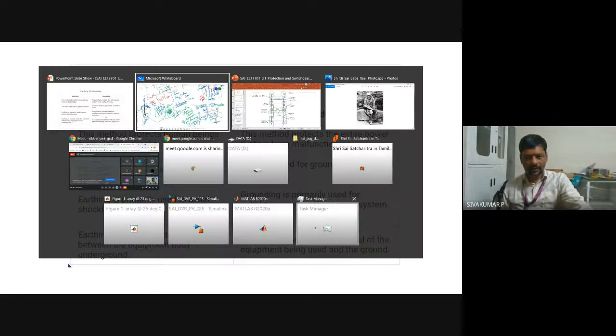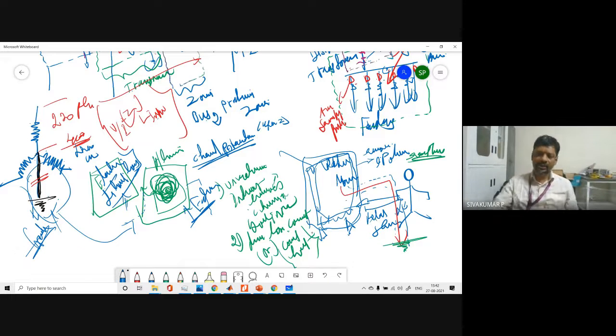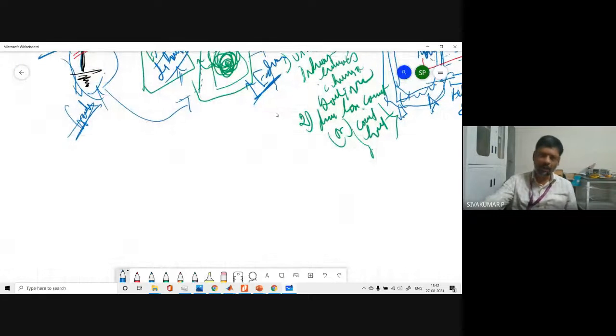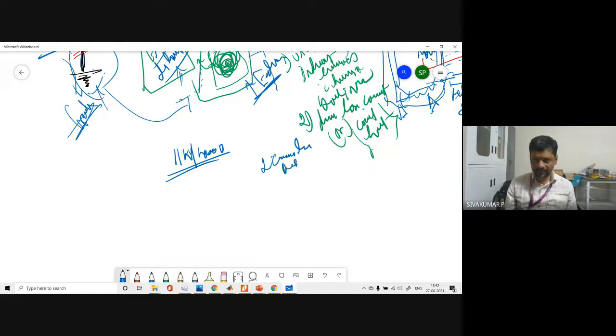Suppose you see the distribution transformer substation in your residential area, an 11 kV to 400 volt transformer structure. They run two earth pit grounded wires.